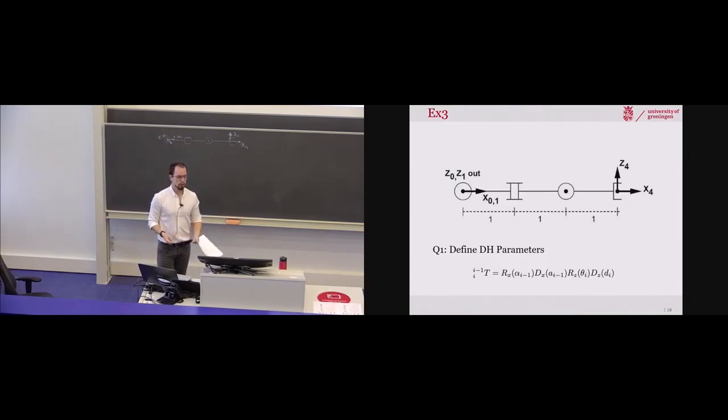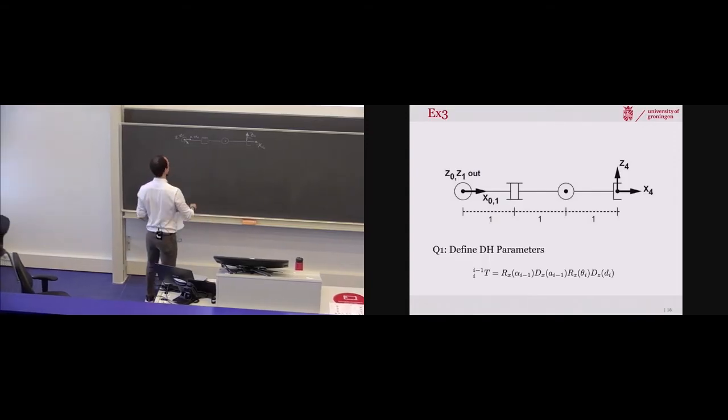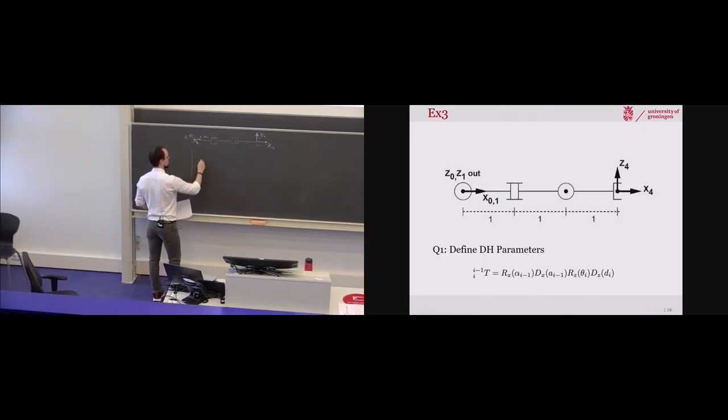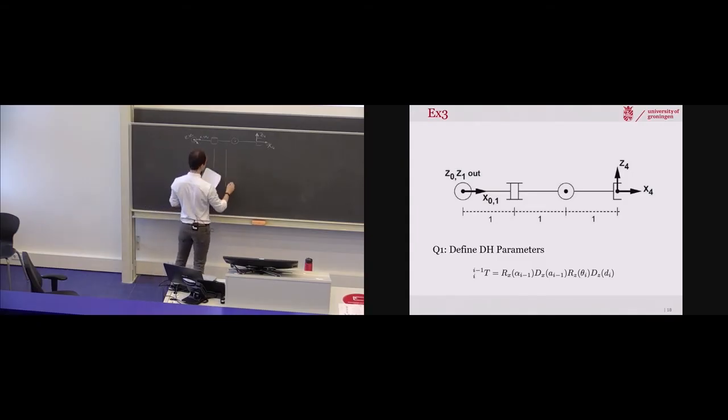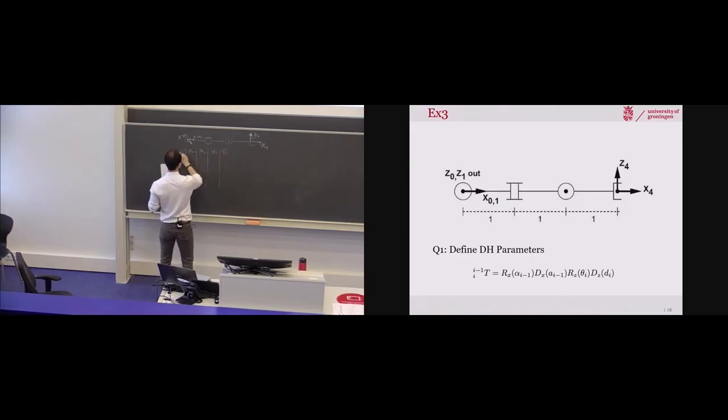Now the first question is to define the DH parameters. And how to do that? Well, we have to do the same thing as usual. So let me draw all the columns. So a i minus 1, then you have alpha i minus 1, you have d i, then theta i.